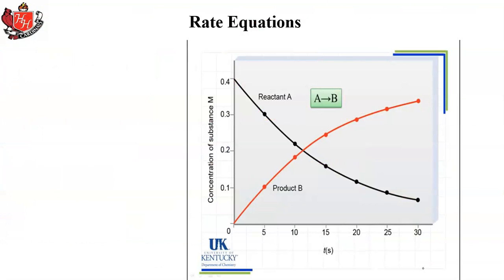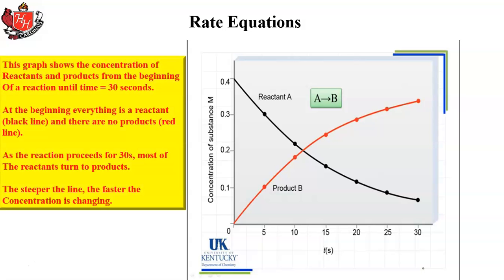Okay, let's look at some rate curves here. And so let's look at these two graphs. So this graph shows the concentration of reactants and products from the beginning of the reaction until time equals 30 seconds. So you can see that down on the horizontal axis, that it goes till time equals 30 seconds.